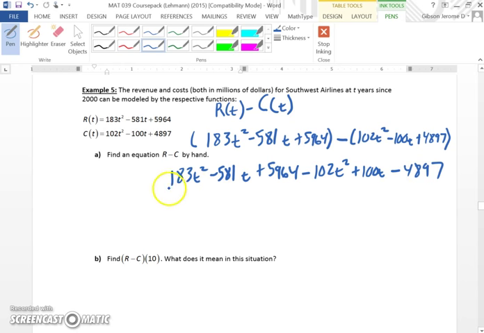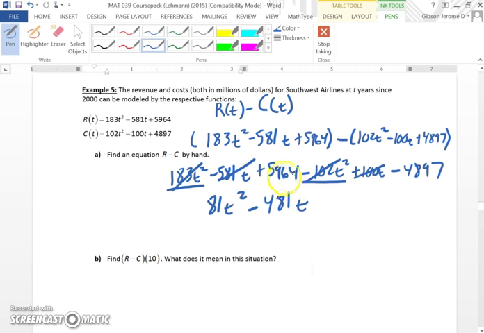So now we combine the like terms. 183t squared minus 102t squared will give 81t squared. Now we have a negative 581t plus 100t will give a negative 481t.